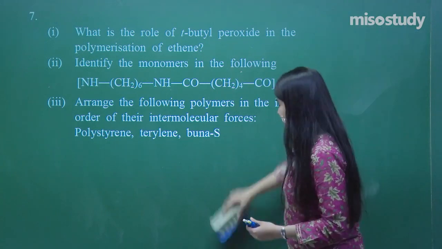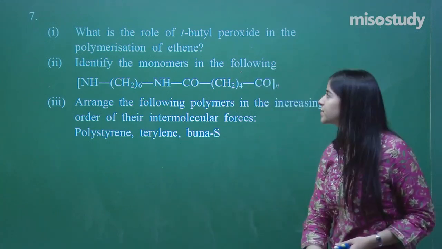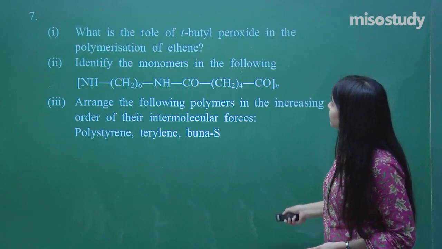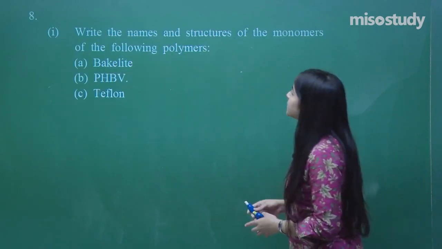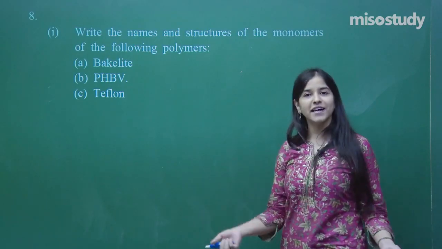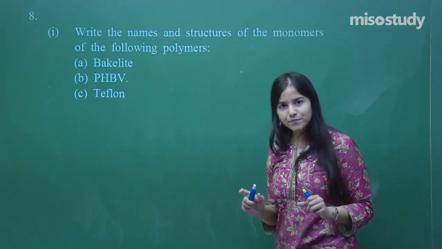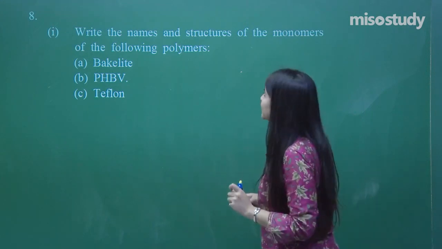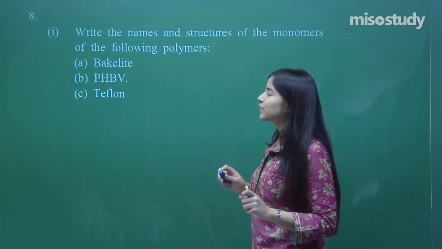What I have got here is question number 8; the 7th we have done. Write the names and the structures of the monomers and your work is done. Again, a very simple question. It will fetch you complete 3 marks if you know it. Bakelite: what are the names of the structures of the monomers?